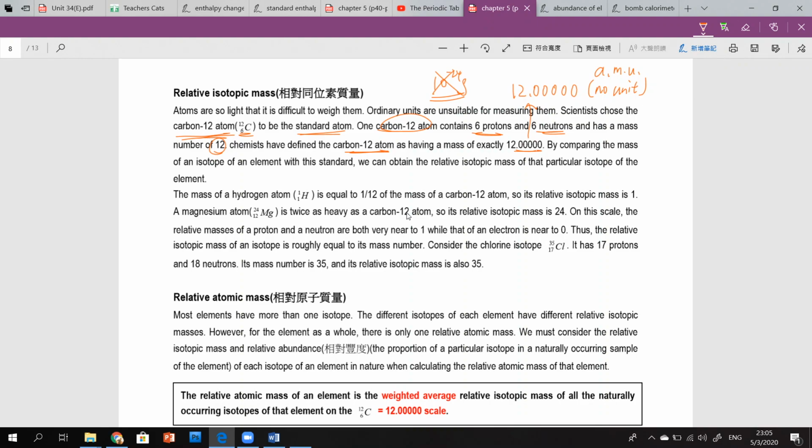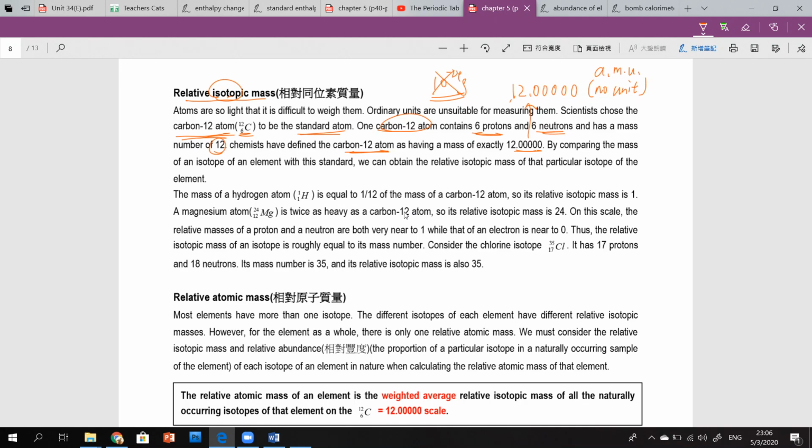If you have a number smaller than 12, that atom is lighter than one carbon-12 atom, or else heavier. It is just that simple. We call this standard data the relative isotopic mass. We talk about one isotope, you use this reference and do the proportion to tell.